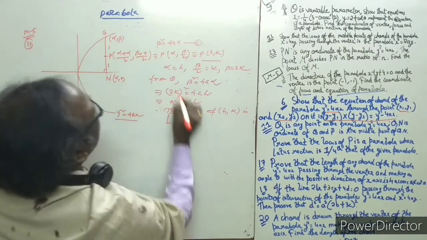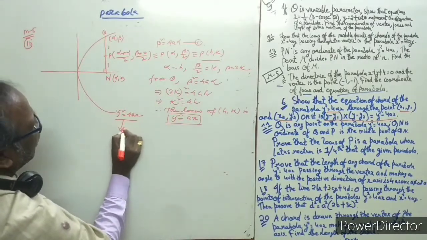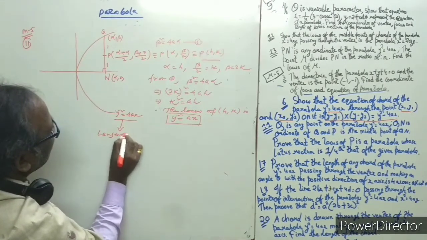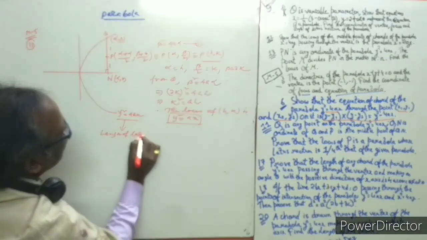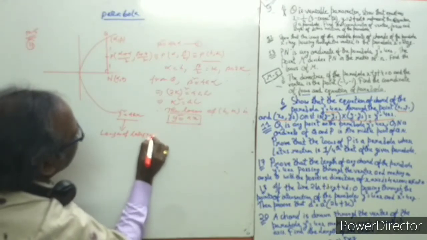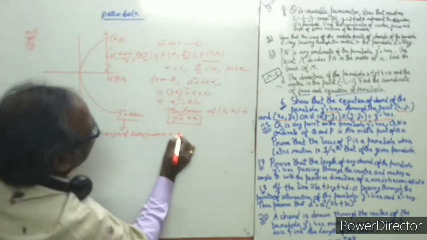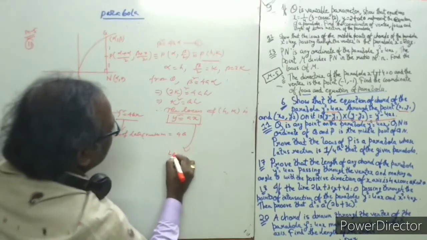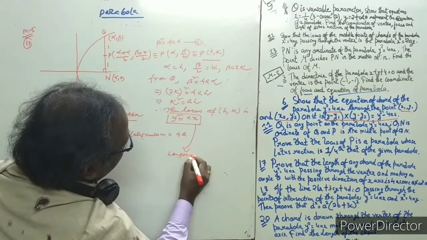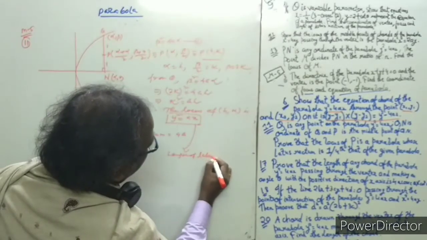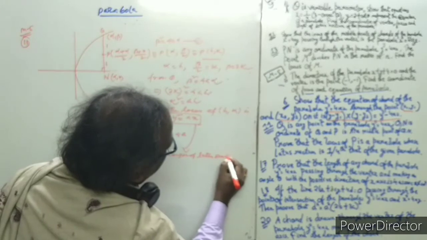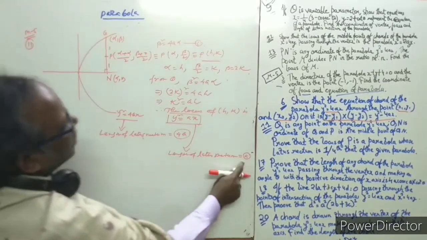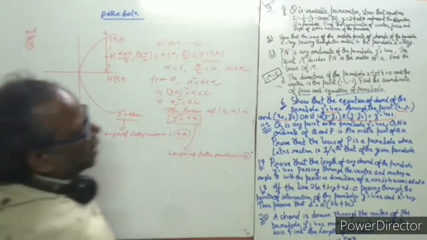So for this parabola, the length of latus rectum is a, and for the previous parabola the length of latus rectum is 4a. So this is the 1/4 of the latus rectum.